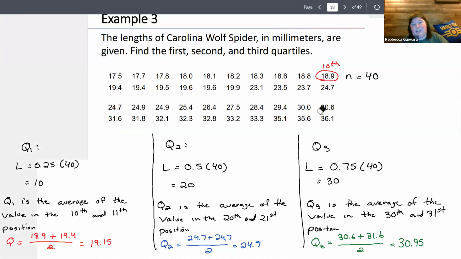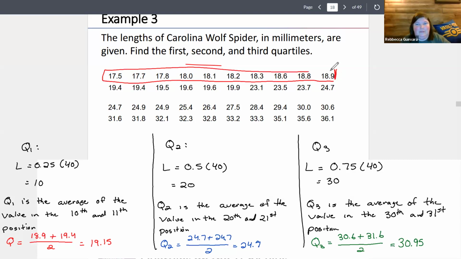So with our quartiles and medians, we know the value doesn't always have to be data that is actually in my data set. So what we have is that my data splits here. My Q1 is going to be here at a value of 19.15, and that's going to split.